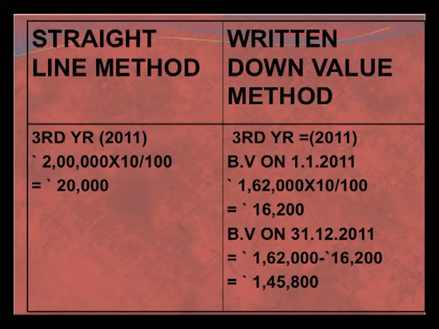So at the end of the year, 31st December 2011, the remaining value of the depreciated asset will be 1,62,000 minus 16,200, that will be 1,45,800. So what we see is that the amount of depreciation under the straight line method is constant over the years, but under the written down value method we are charging the depreciation on the book value of the asset.